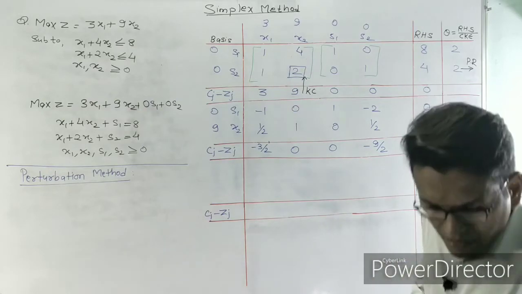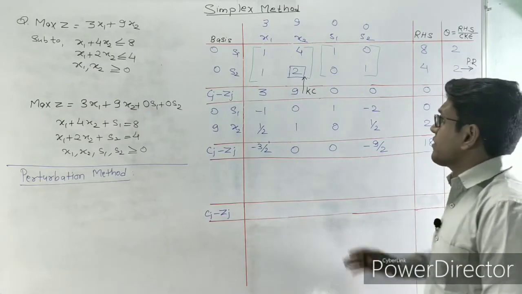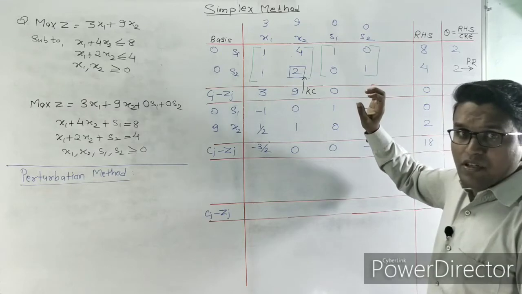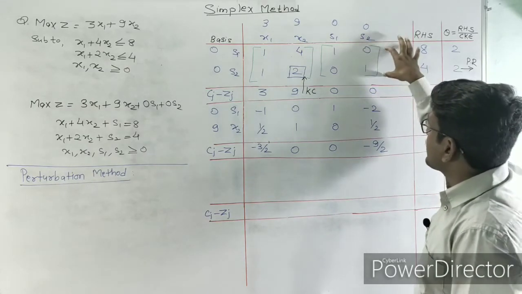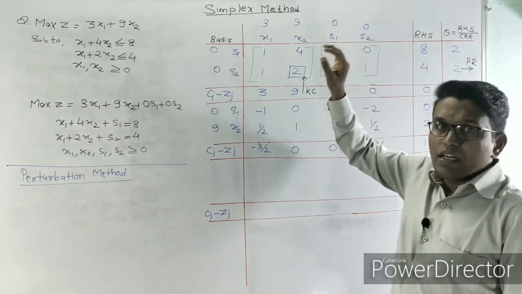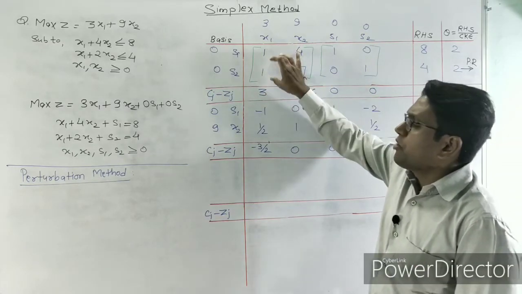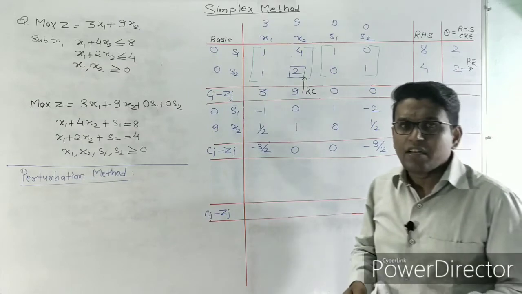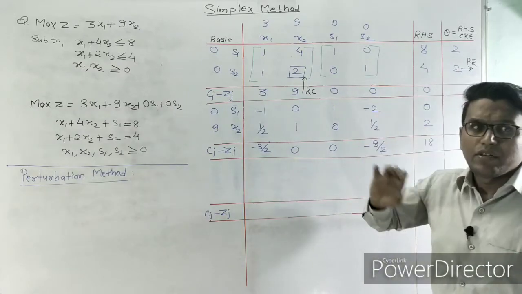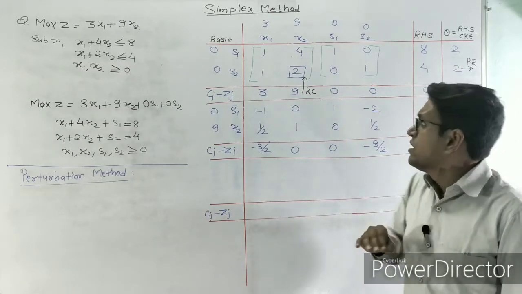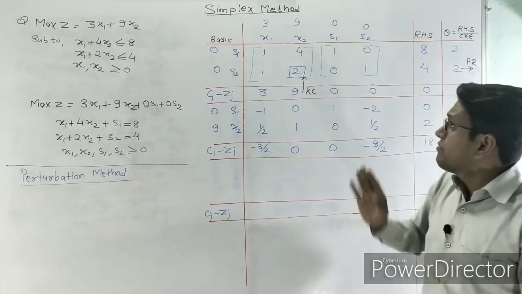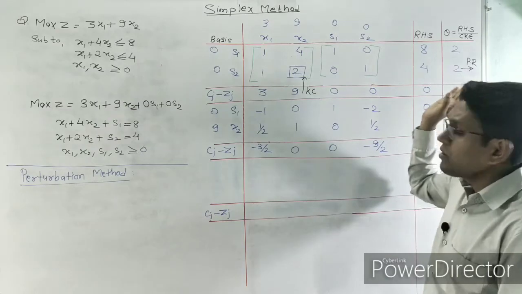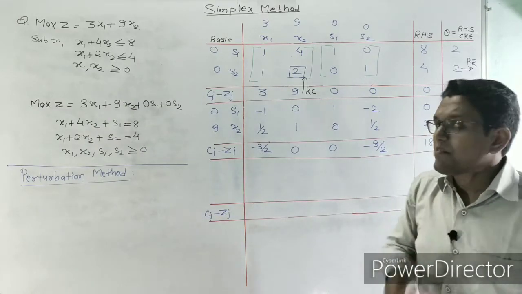Once we have calculated the ratios, we see first the identity matrix and then the body matrix. As soon as we get the least value, we select that particular row as the leaving variable.